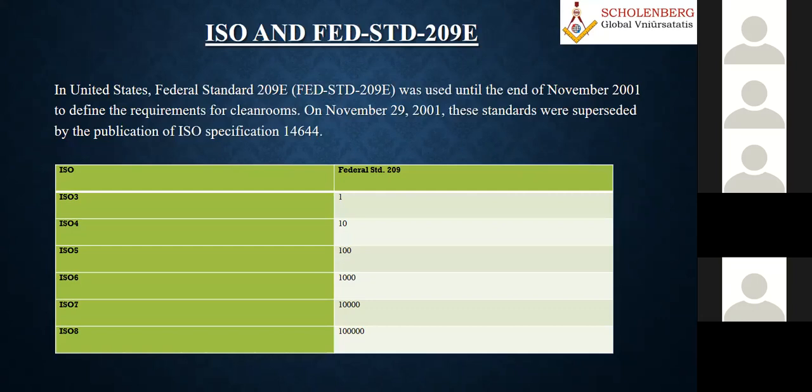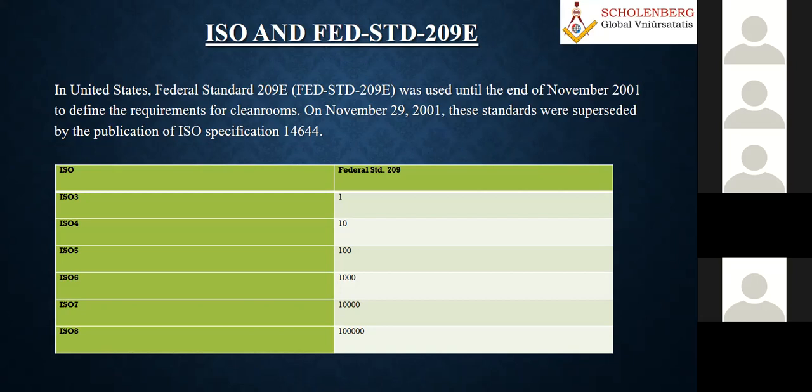Now I'm trying to compare the ISO as well as the US federal standard. The federal standards are superseded by the publication of ISO, because ISO was published only later, in the year 2000, about 20 years ago. Before that, we had the federal standard.